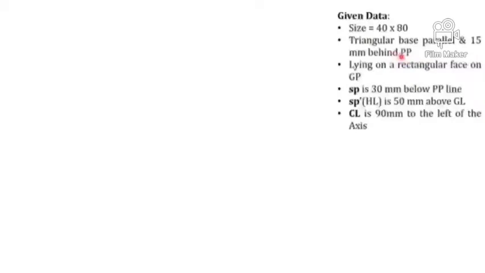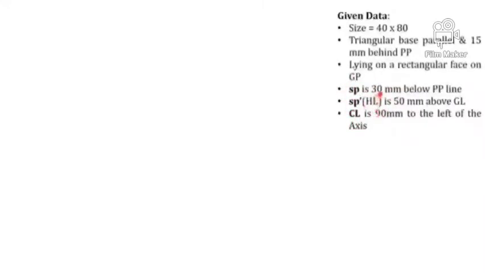So you can see the true shape of the triangular base in front view. That is your characteristic view. With that view only you can start the drawing. Then they have given three data to locate the station point's front view and top view.